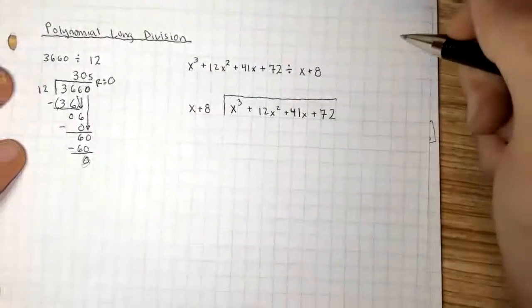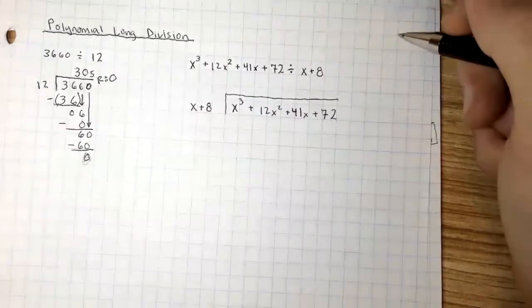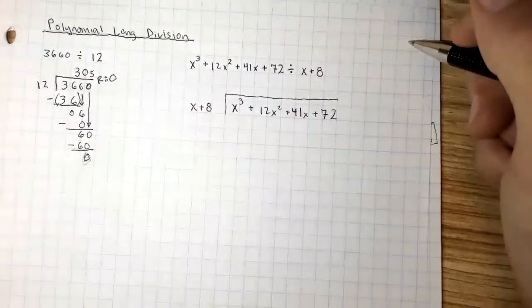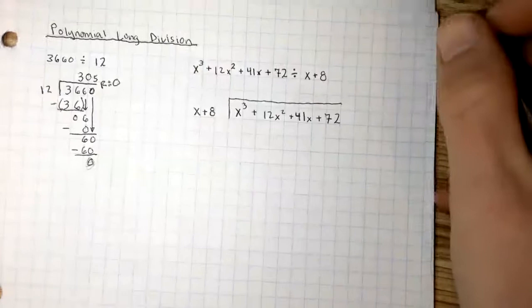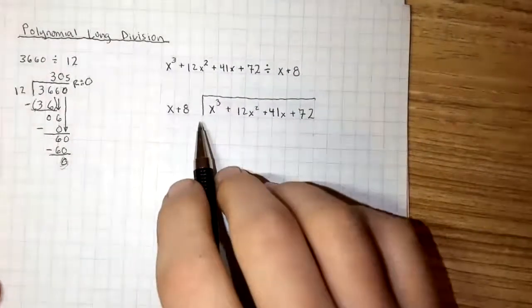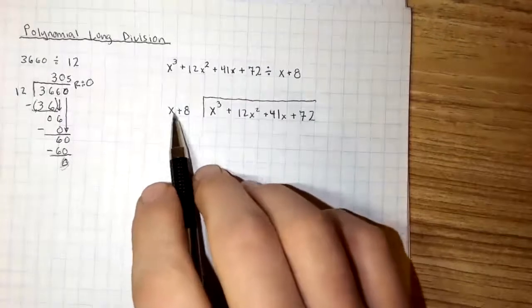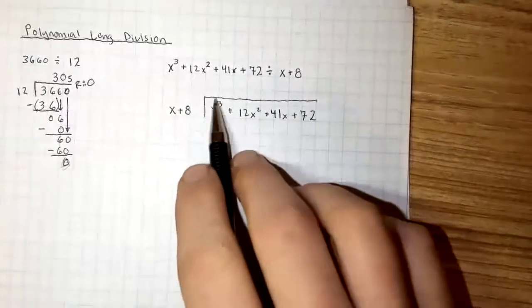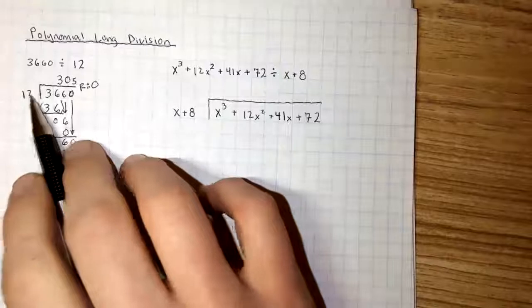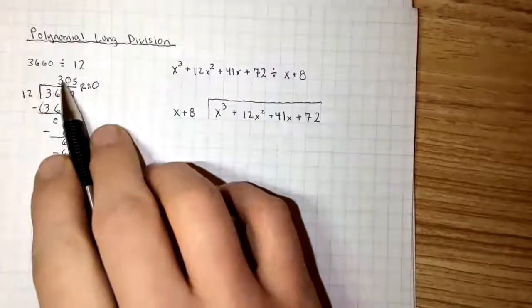Okay, so I would say the first thing that we want to do is divide x cubed by x, or essentially how many times does x go into x cubed? Kind of like we did here. 36 divided by 12 is 3.